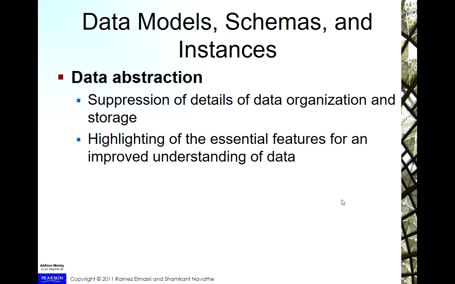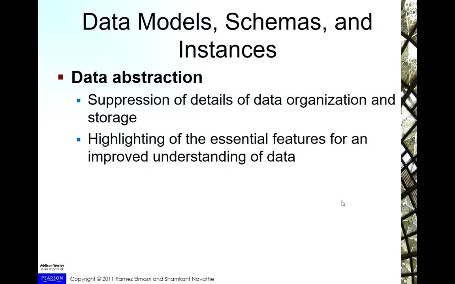The data models, schemas, and instances include a lot of concepts. One of them is called data abstraction, data model, dynamic aspects of the data model, and so on. Data abstraction is simply the separation of details. Separation of details of data organization and storage means you limit the details.